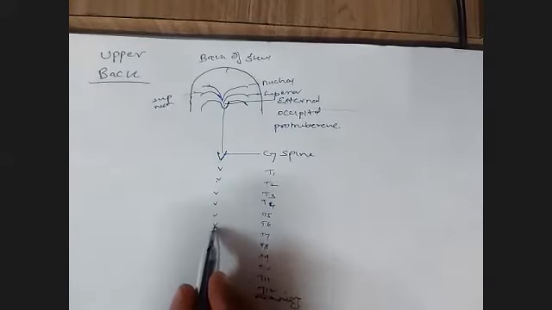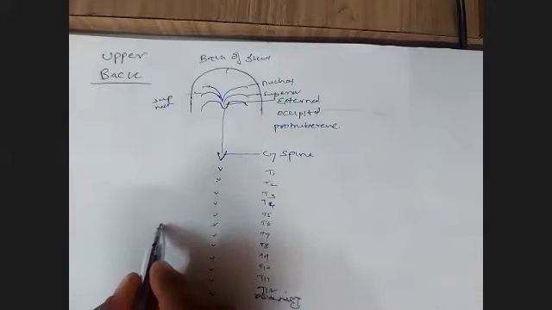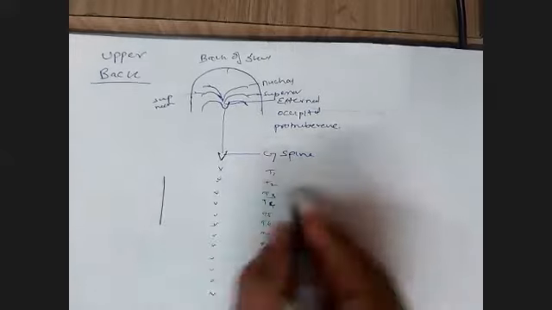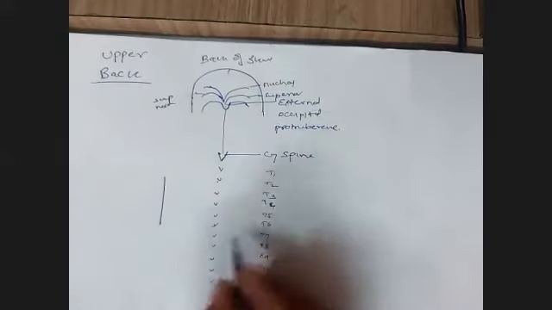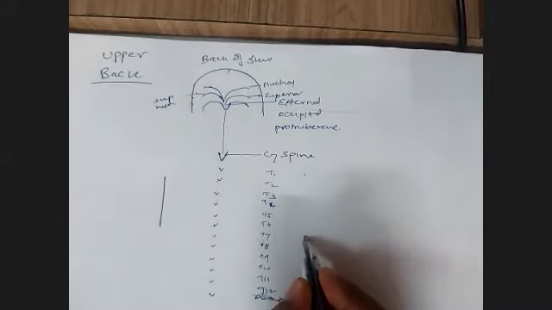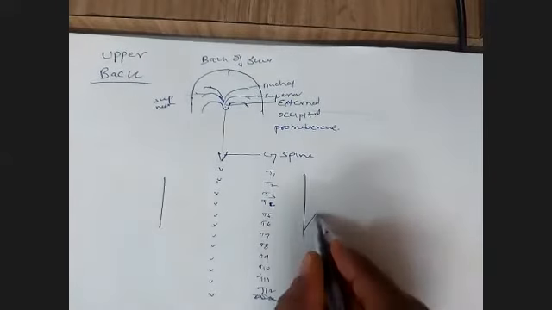At the T7 spine, laterally, grossly here is the scapula on one side, and on the other side also. The inferior angle of the scapula lies at the level of T7. The scapula is like this.